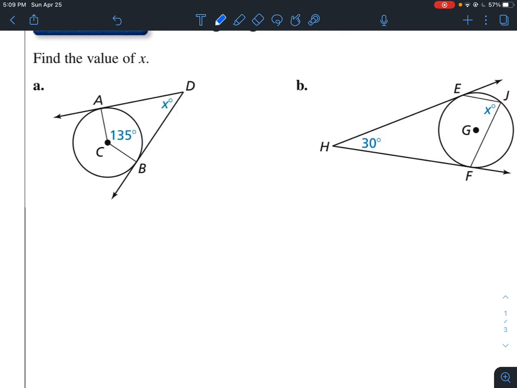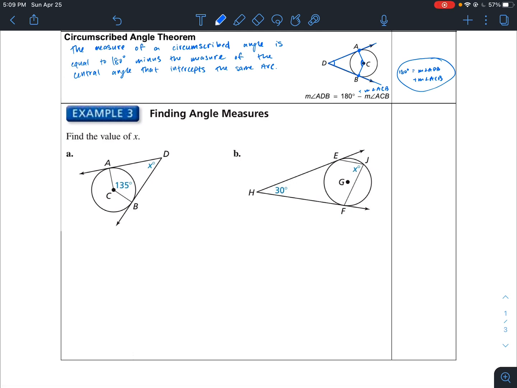So the measure of the circumscribed angle, angle ADC, I'm just going to say x. So x has to be equal to 180 minus the central angle, which is 135. So x has to be equal to 45 degrees in this case.